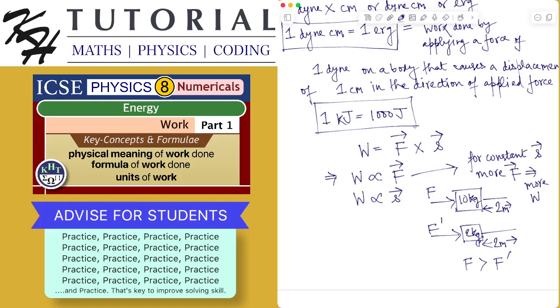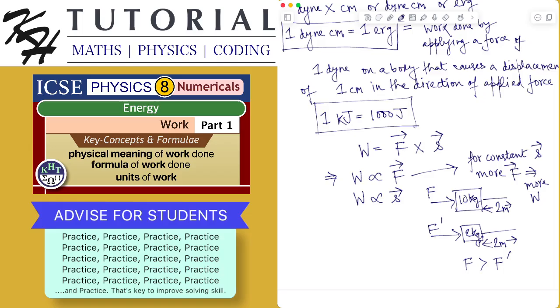So this is what I am trying to explain, that W varies directly with the force. If the displacement is constant, then if you apply more force, more work will be done, and if you apply less force, less work will be done.